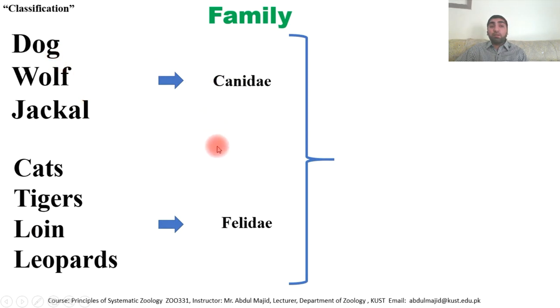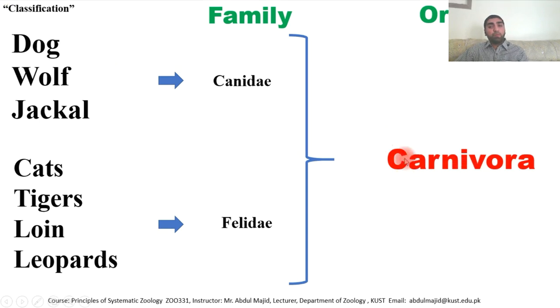These all are carnivores. They feed on flesh, so that's why they are placed into order Carnivora. So what we do, we start from the species, and on the basis of the similarities we group them into larger groups, like species into genera, then genera into families, and families into orders.